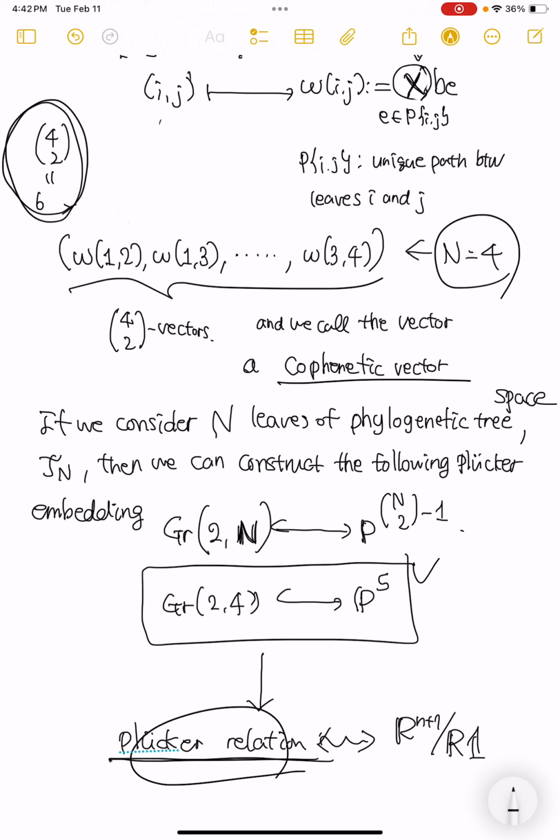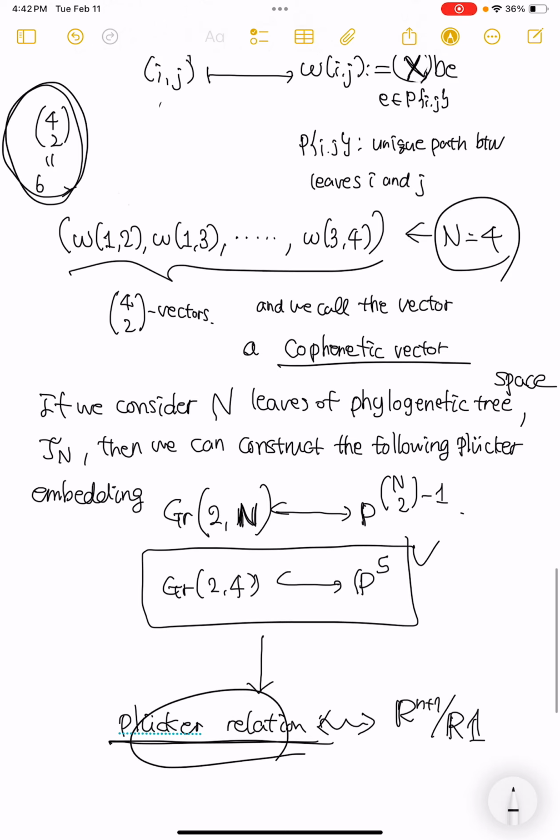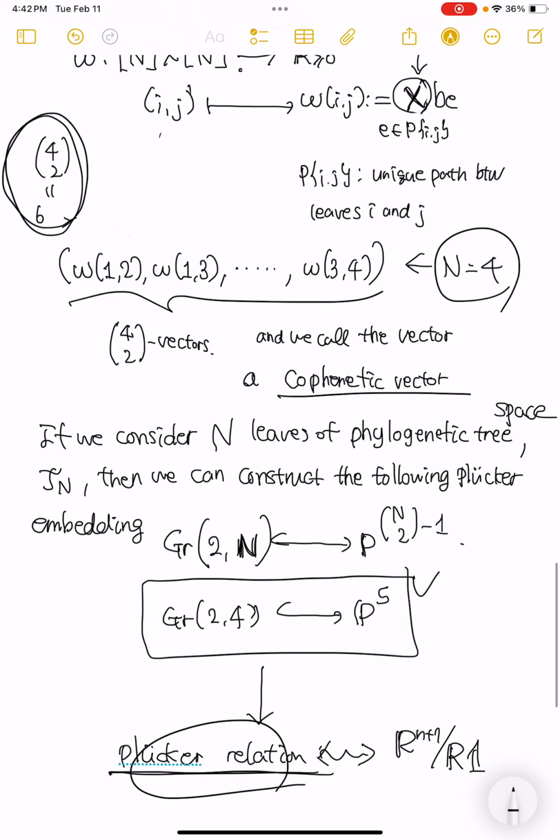So a phylogenetic tree is related to a tropical projective torus. But my main topic is translating the p-Wasserstein metric into tropical language. I stop this topic here and go ahead to the p-Wasserstein metric.